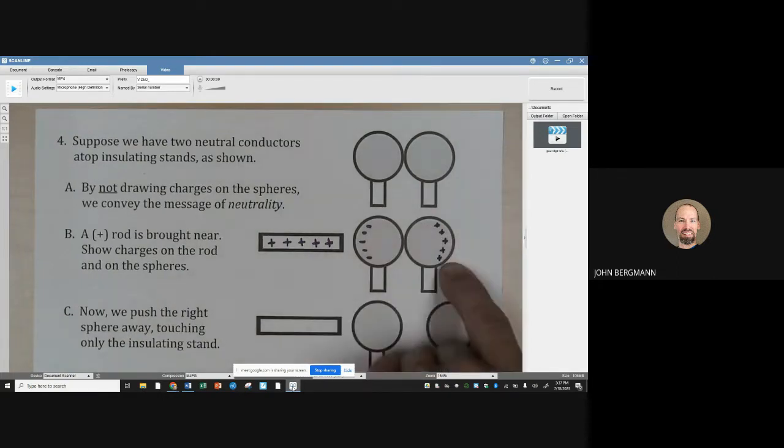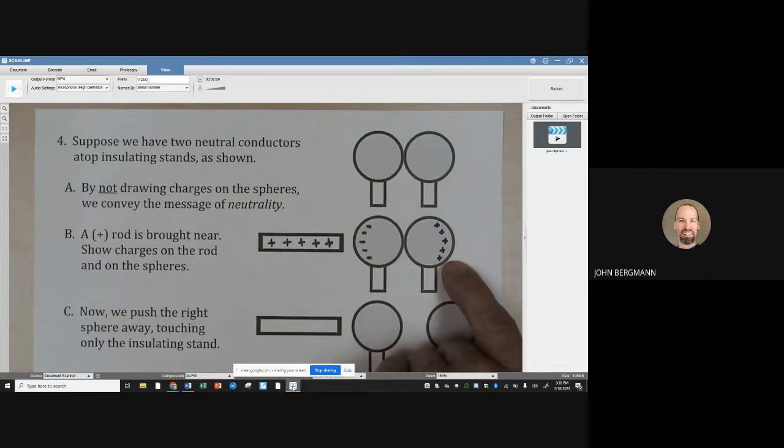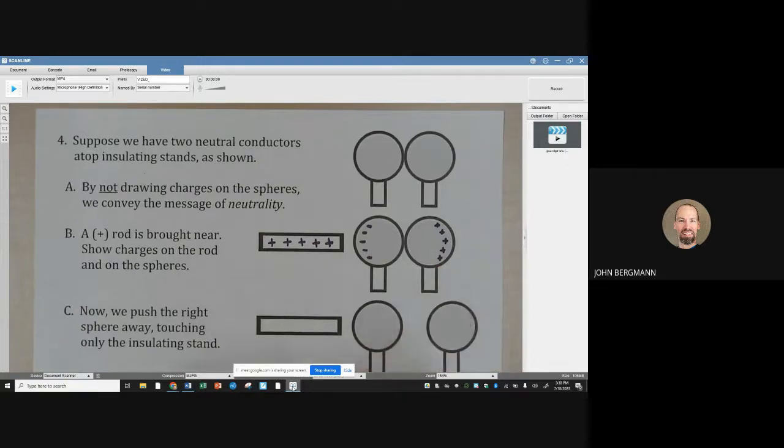They have just been uncovered by electrons that have moved. You should have learned in chemistry that the nucleus of an atom, the protons, they don't really move around too much. It's the electrons that do the moving. That's what's happened here, but it has uncovered these protons on this side. What has moved are the negative electrons towards this positive rod.